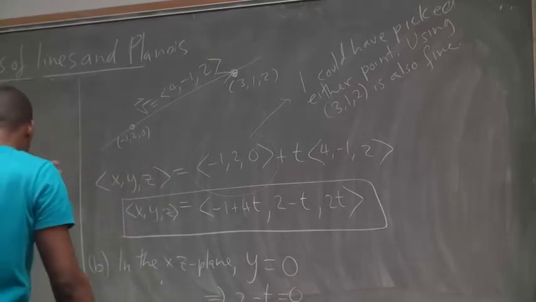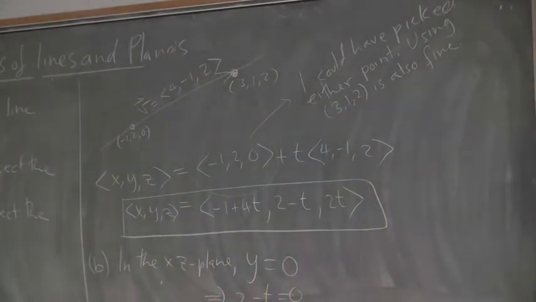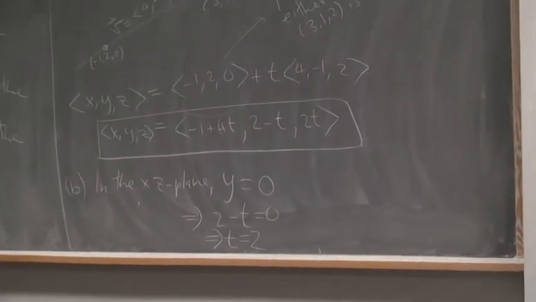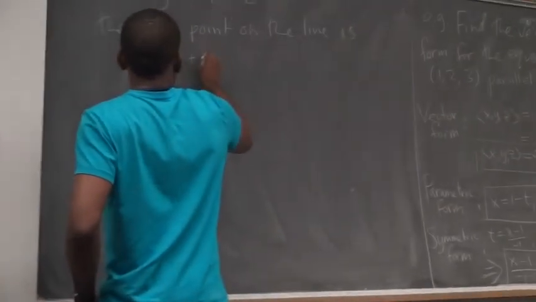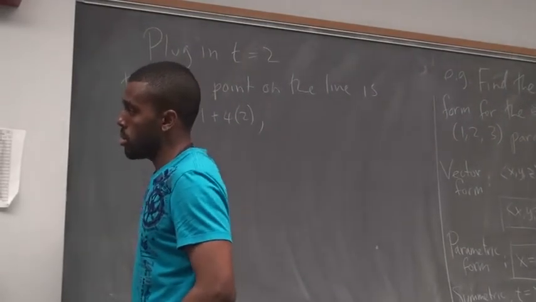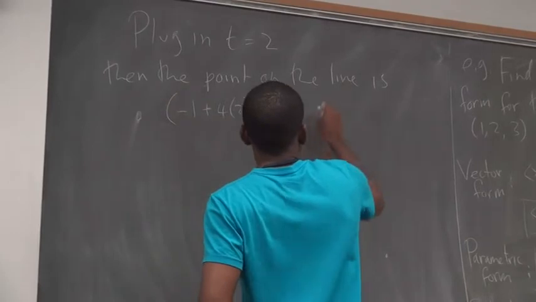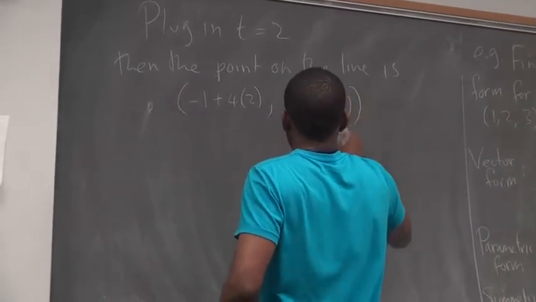So what point does it intersect the xz plane? All right, you just plug in t equals 2, because that's the point where the y coordinate will give you 0. -1 plus 4 times t, which is 2, comma, y is 0, comma, 2 times 2.